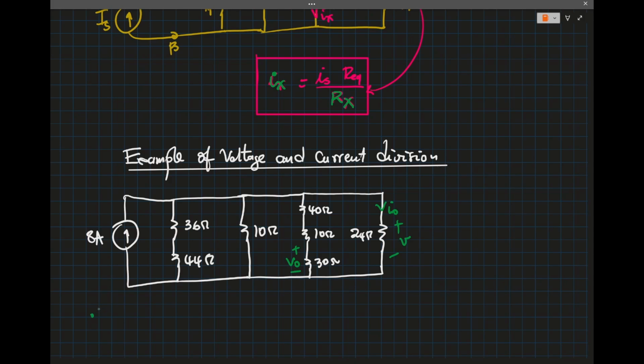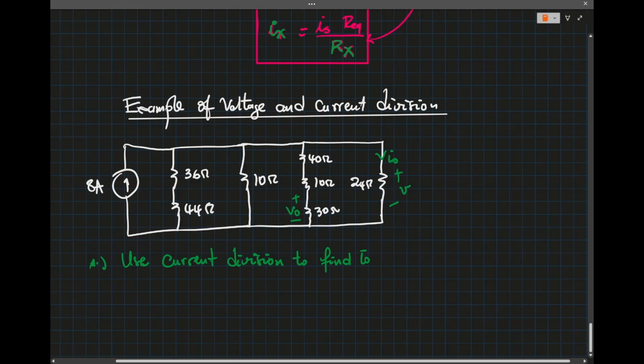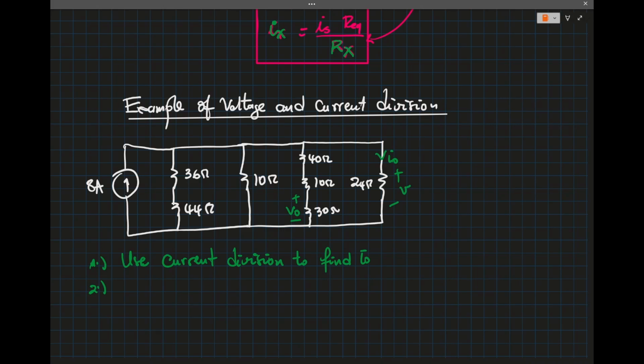So question 1, use current division to find I0. Then use voltage division to find V0.